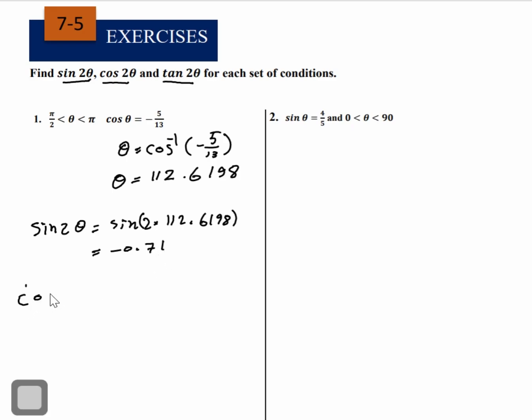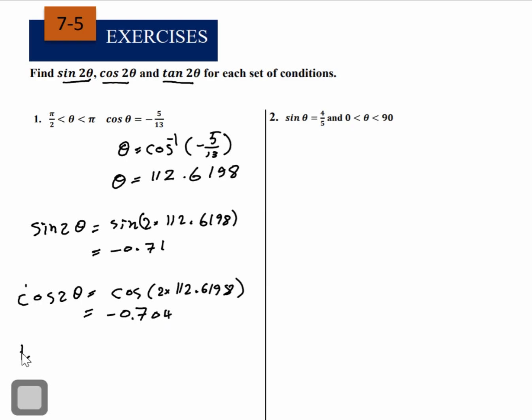For cosine 2 theta, we have cosine of 2 multiplied by 112.6198, which equals negative 0.7004.